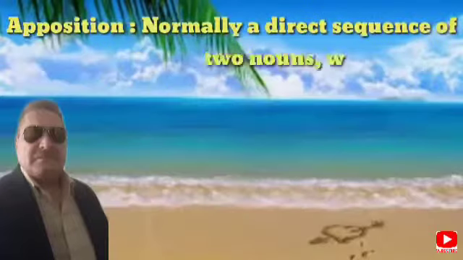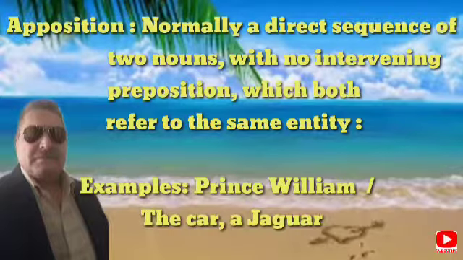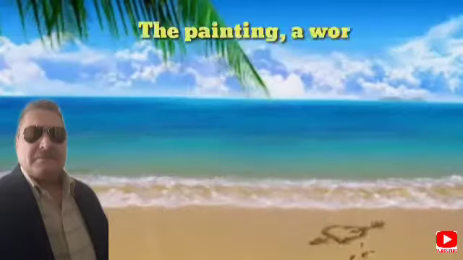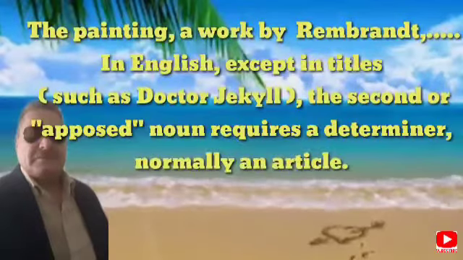Apposition. Normally a direct sequence of two nouns with no intervening preposition, which both refer to the same entity. Examples: Prince William, the car, a Jaguar. The painting, a work by Rembrandt.